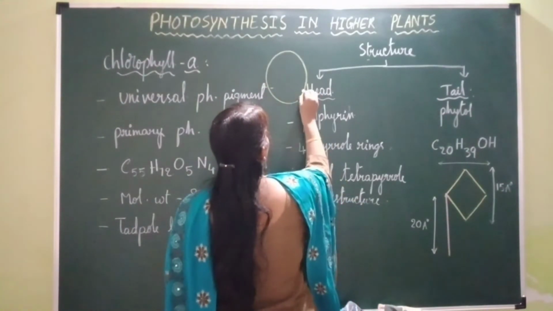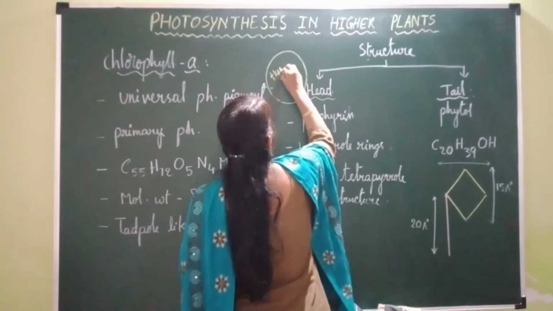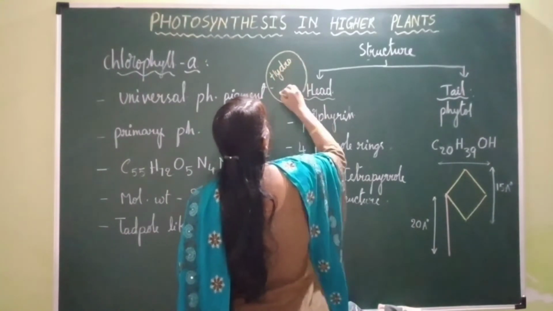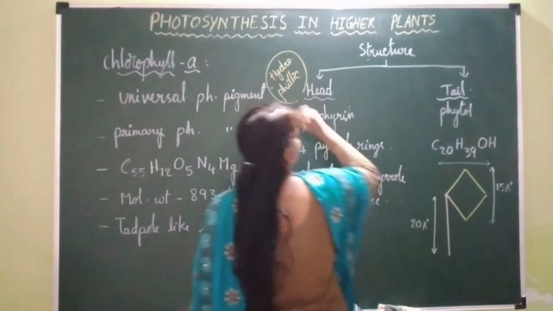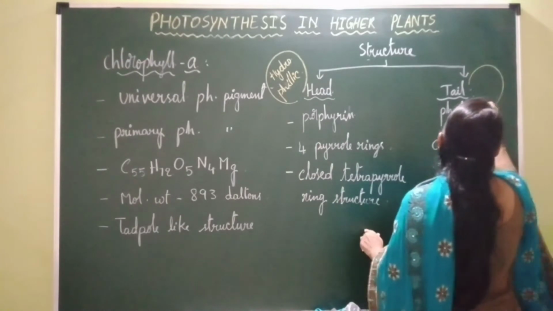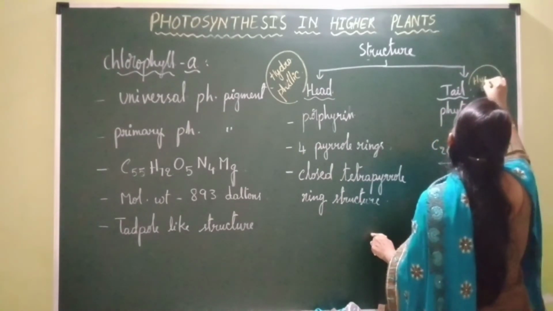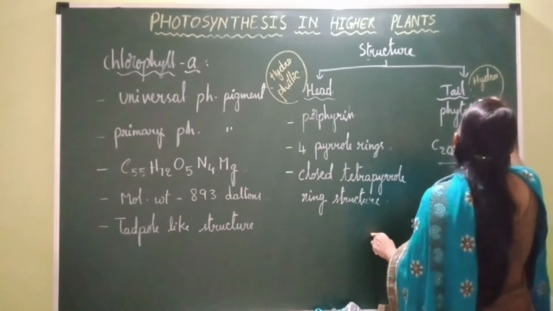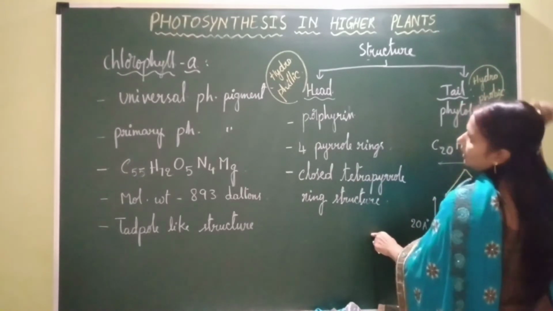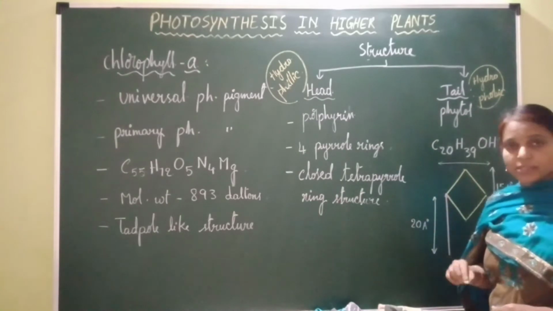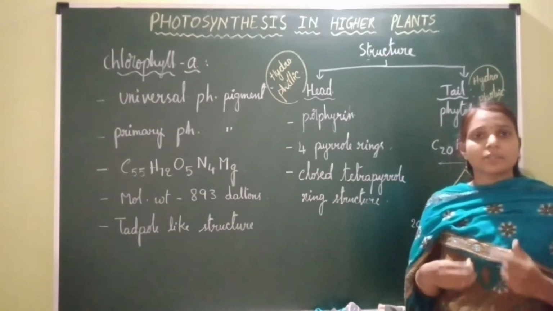The head is hydrophilic, whereas the tail is hydrophobic in nature. We know what is hydrophilic and what is hydrophobic. Now let's study the structure of chlorophyll A in a little more detail.